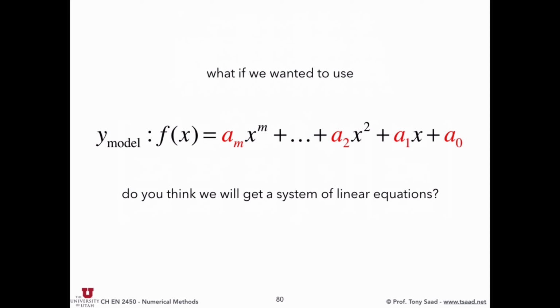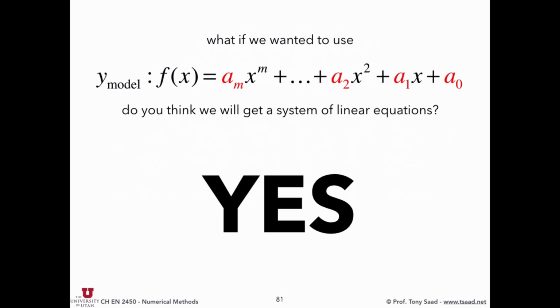Okay, now if n is equal to m, you are going to get an interpolation. But if you have more data points than polynomial order, then you got regression, okay? Then you have regression. Now in this case, yes, we will get a system of linear equations.